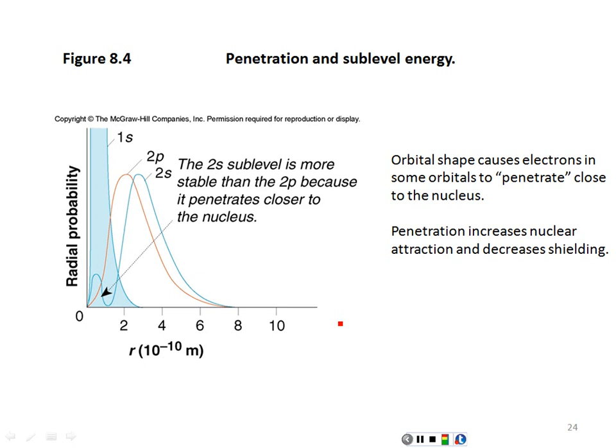If we look at figure 8.4, the 1s is the most stable. It's the closest to the nucleus. But we see that the 2s is actually more stable than the 2p. And why is that? That's because of this part right here of the 2s orbital. Even if it's just a very small fraction of the orbital, it gets closer to the nucleus. So it penetrates closer, and penetration increases the attraction and decreases shielding.